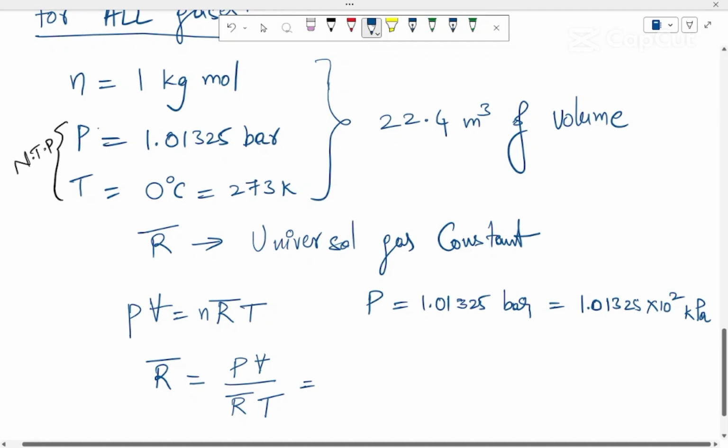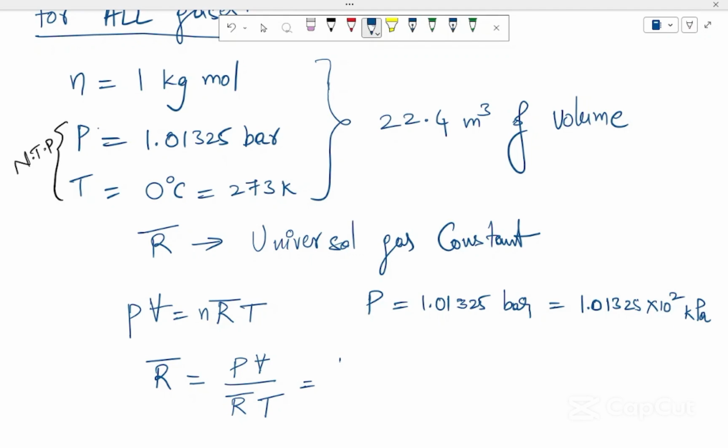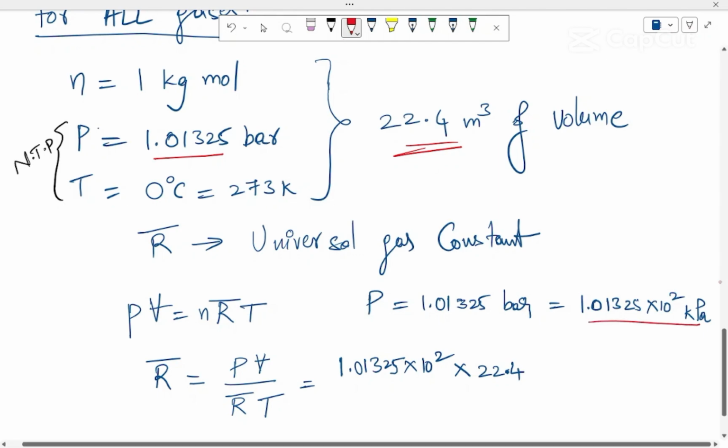I'm taking it in kilopascals because I want the final answer to be in kilojoules. The volume value is 22.4 and the pressure value is 1.01325 bar converted into kilopascal. This is the value, and now I will have to substitute.